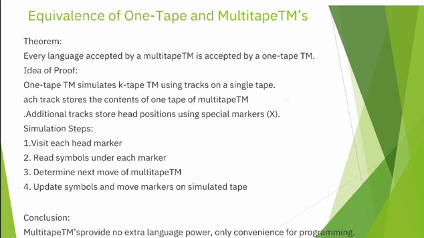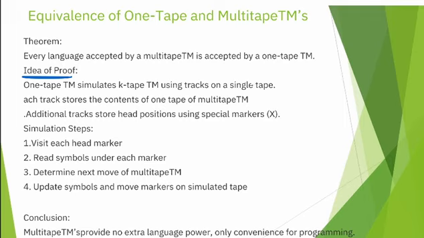Here comes an important theorem. Every language accepted by a multi-tape Turing machine is accepted by a single-tape Turing machine. This means multi-tape machines do not increase power. So, the idea of the proof: a one-tape Turing machine simulates multiple tapes by dividing the tape into tracks.